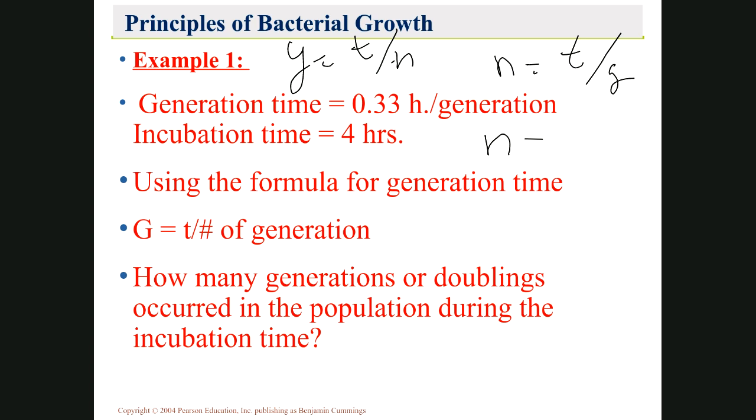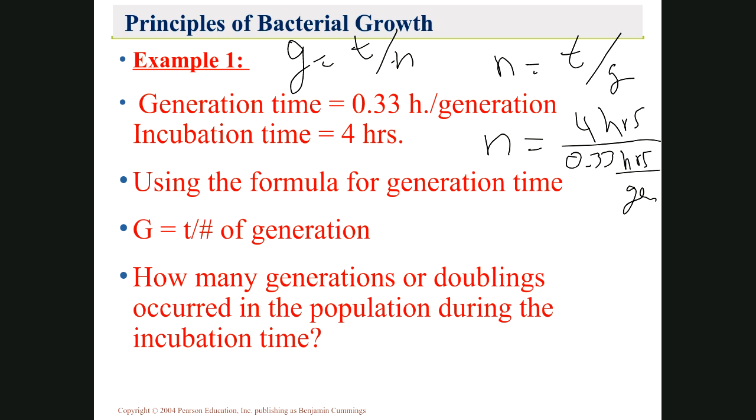So N equals 4 hours. And just so that you know, I caught my mistake because of units. Because the way I had set it up, I was not going to end up with generations. And I realized immediately I did something wrong. So follow the units, and that will help you catch mistakes, hours per generation.